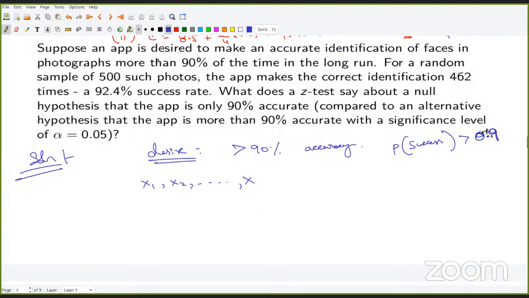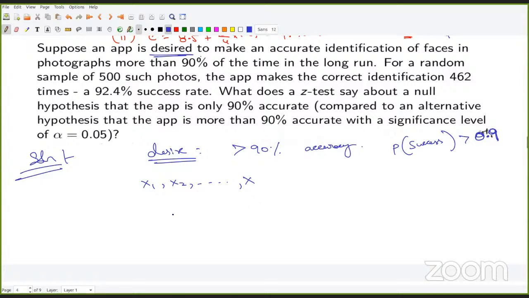So that is what his desire is. For that, to test a random sample of 500 such photos, the app makes the correct identification. What does a G test say about a null hypothesis that the app is only 90% accurate compared to an alternate hypothesis that the app is more than 90% accurate?